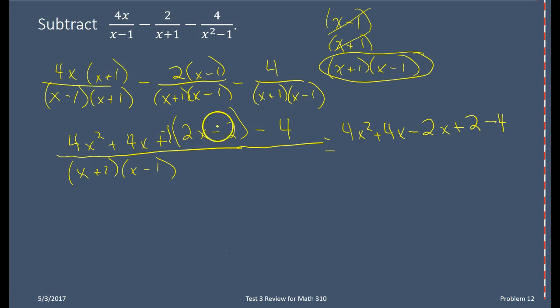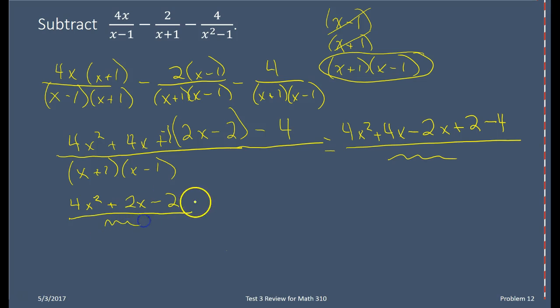So this negative 1 times this negative 2 gives us this plus 2 over the LCD. And so that gives us 4x squared plus 4x minus 2x is 2x, plus 2 minus 4 is minus 2 over the LCD. And we can see that we can factor out a 2 from that, leaving us with 2 times x squared plus x minus 1 over the LCD.